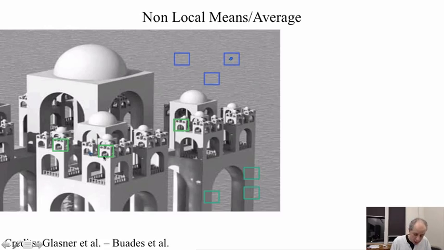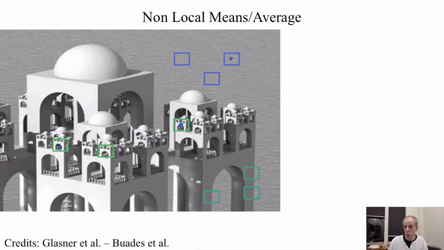Then, if you want to clean a pixel that is here, you look for similar neighborhoods to what's surrounding that pixel. You go around the image, you find a few, and you replace this pixel by the average of the centers of all the similar neighborhoods.